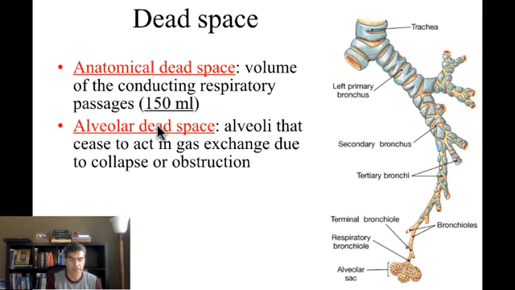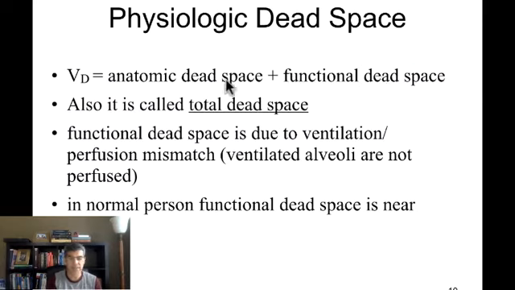A functional dead space or alveolar dead space is an alveolus that has the air but doesn't have perfusion surrounding the alveolus, so therefore air cannot get inside the blood. If you add anatomical dead space and functional dead space together, we call it physiologic dead space. We show it as VD. Or it's called total dead space.